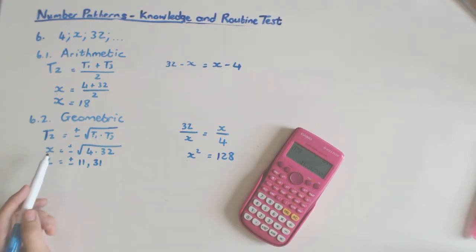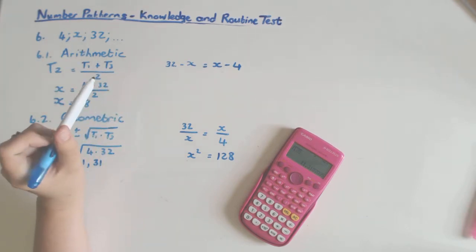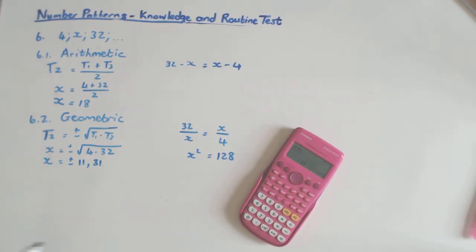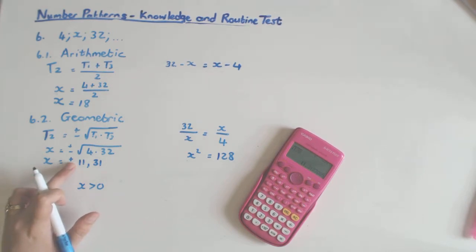And in most of these questions, they will actually say this is a geometric pattern or a geometric sequence with x bigger than 0 or with x smaller than 0. If they state x must be bigger than 0, then your answer will be plus.